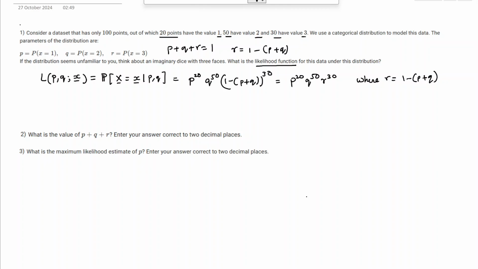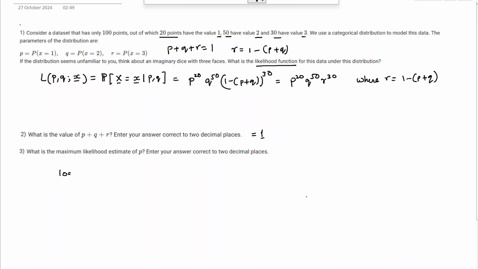The next question is, what is the value of p plus q plus r? So this is already done. We know that p plus q plus r should be equal to 1. Now we are supposed to find the maximum likelihood estimate of p. How do we go about that? In order to find the maximum likelihood estimate, we first reduce the likelihood function to a log likelihood function.